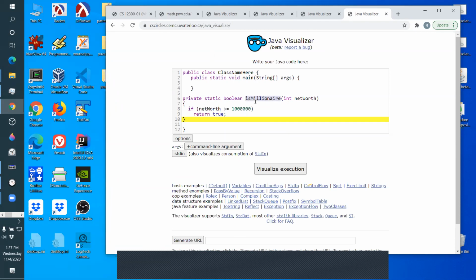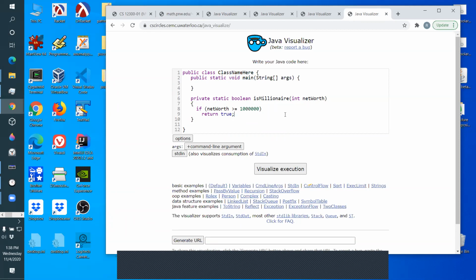It's millionaire. If the net worth is greater than $1 million, true, you're a millionaire. What's the problem? It has nothing to return if it's less than $1 million. Yeah, there's a whole other case. You're supposed to return false when you're not a millionaire. So we're missing the case of not being a millionaire.